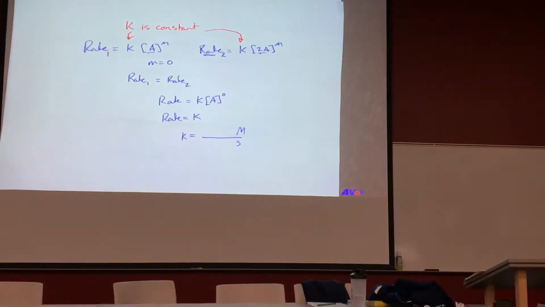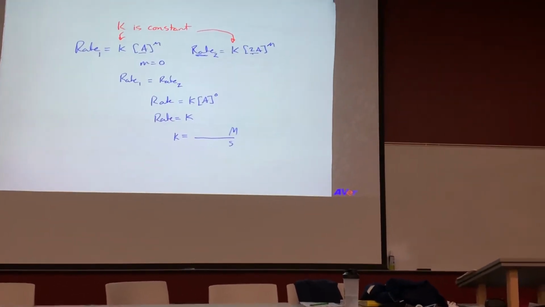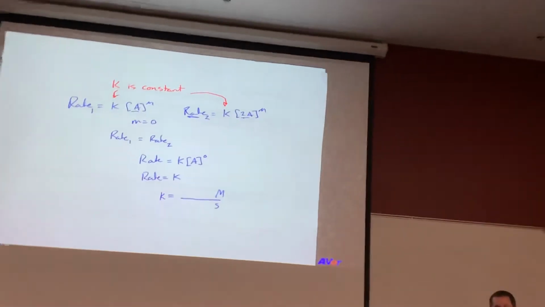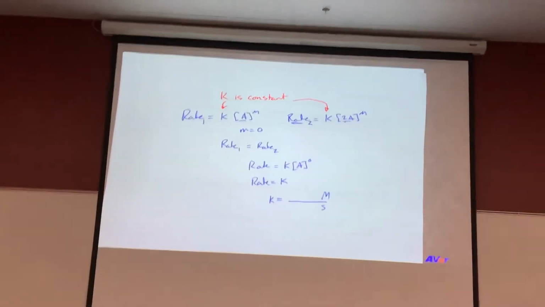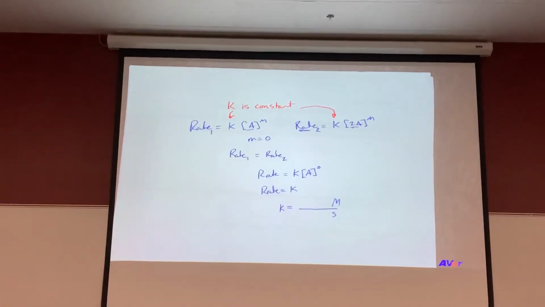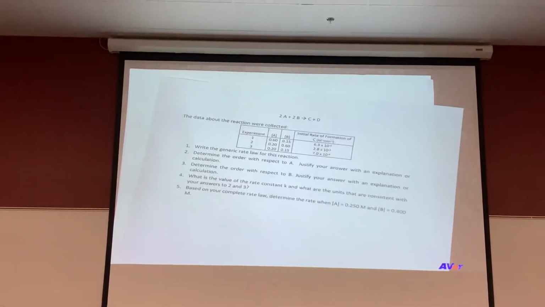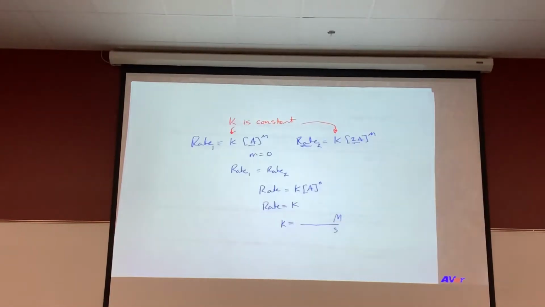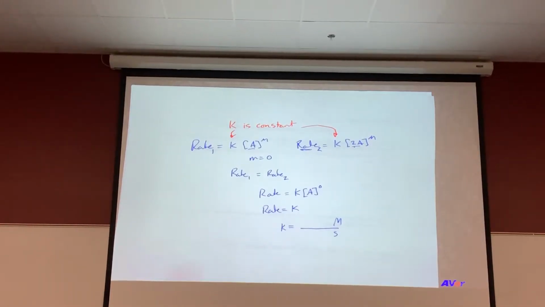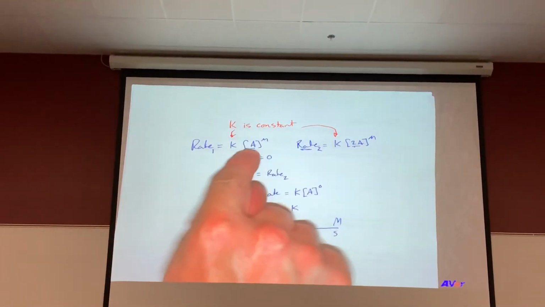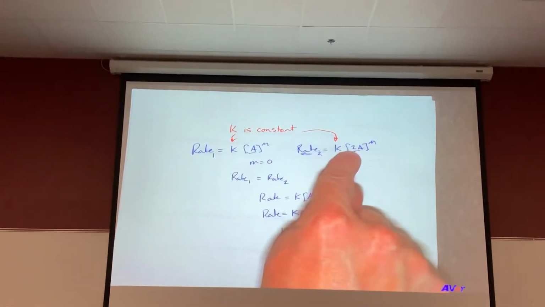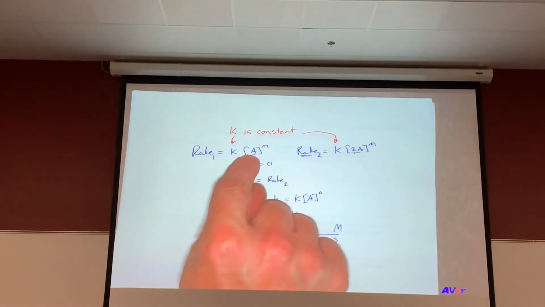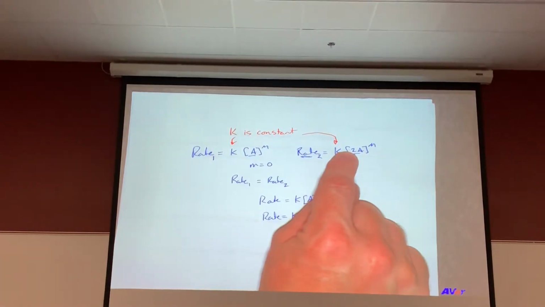So, in terms of the question, this is what I'm going to have you do here in 2 minutes. This problem, so you're going to have to do some stuff with it. And you'll need to understand how the rate behaves when concentrations are changed in order to answer questions like, what is the order with respect to A? Or what is the order with respect to B?